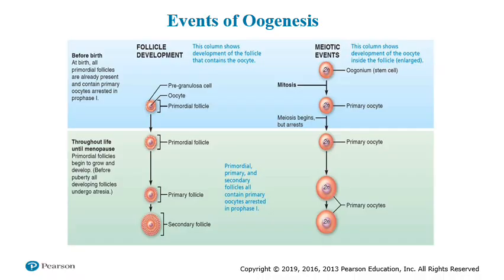Oogenesis begins pretty much in females during the fetal period. It takes years to complete. The primordial follicle develops in the fetus, and the primary oocytes are arrested in prophase 1. Only a small fraction of the hundreds of thousands of cells that we have when we were born is going to be recruited into the pool each month.